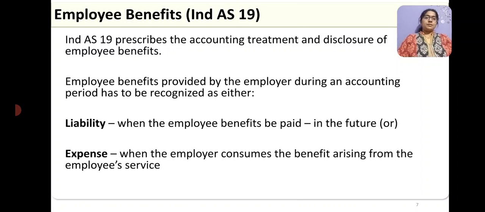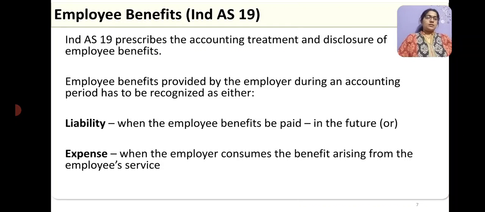If you have prepared the statement of profit and loss, which earlier we used to call the profit and loss account, and now it is termed the statement of profit and loss, then under the heading expenses, you have one item called employee benefit expenses. Now what are the items that come in that, how to recognize it, when it becomes an expense, and when it becomes a liability, all that has been prescribed in Ind AS 19.